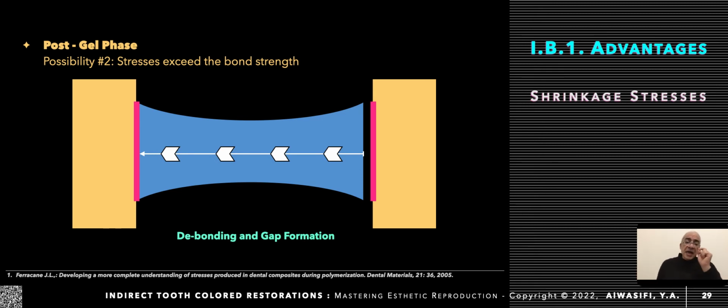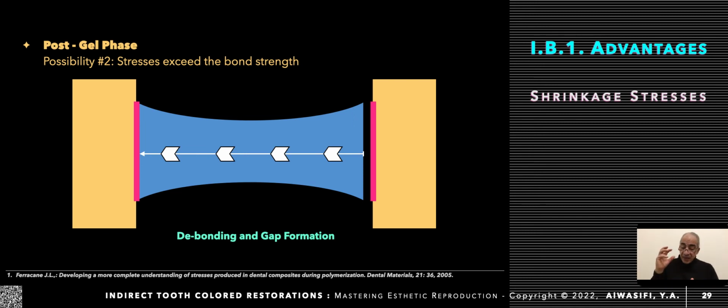If you apply a smaller increment and let the free surface of your increment be higher than the bonded surface, by applying increment by increment, the shrinkage stresses will be minimal.